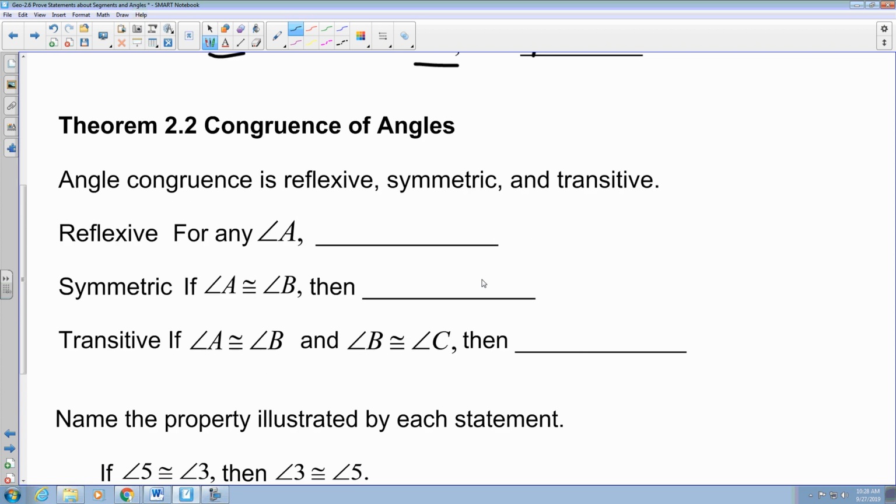And on the same lines as with segments, we can do the same with the angles. So if you have reflexive, we have an angle A, we can say that angle A is congruent to angle A. Symmetric means you just flip them around.